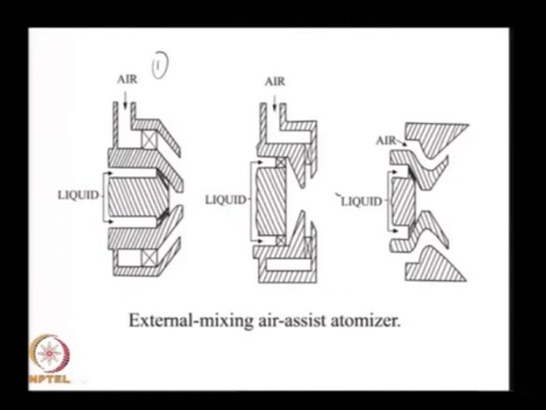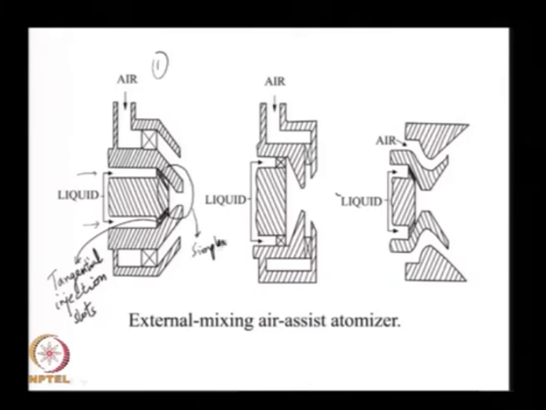Okay, so we will start to look at this first design, where you will imagine liquid entering through these annular gaps and coming out. So, these are tangential injection slots, and this part here is just like a simplex nozzle.